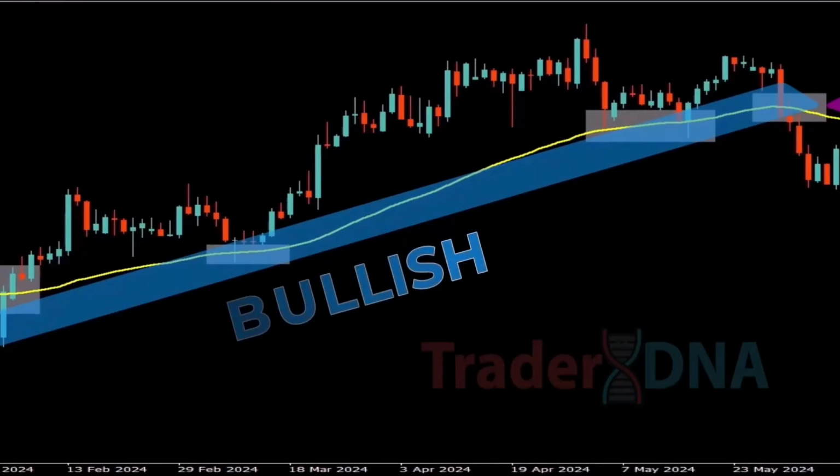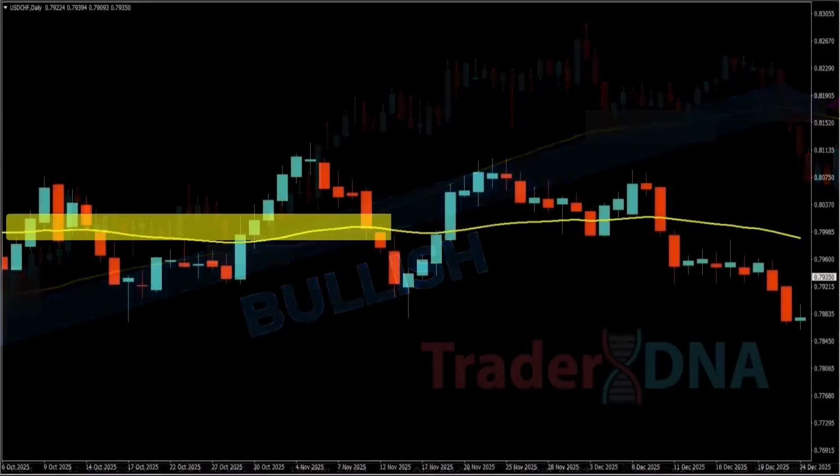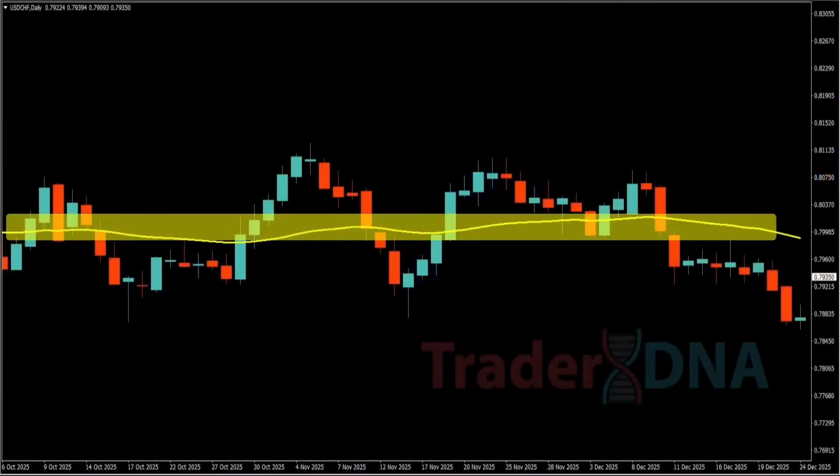Now you're looking at a bullish market, a clean uptrend where price is being supported from below. And now this one is critical. When the EMA 50 goes flat and price is just bouncing above and below it, no direction, no momentum, that's a sideways market. Consolidation, choppy, messy, unpredictable. And just by looking at that one line, you already understand the condition of the entire market.